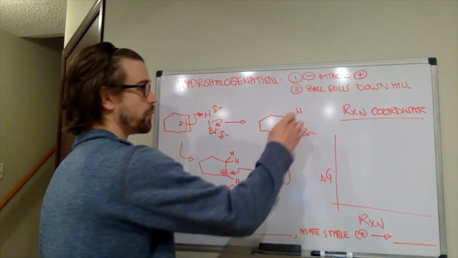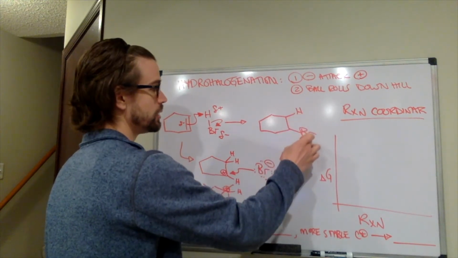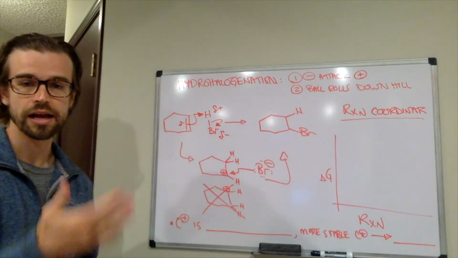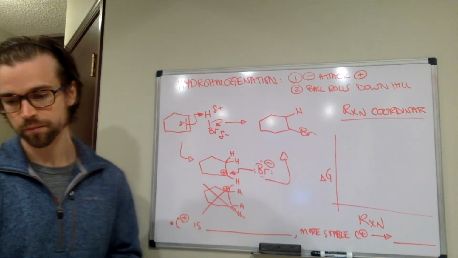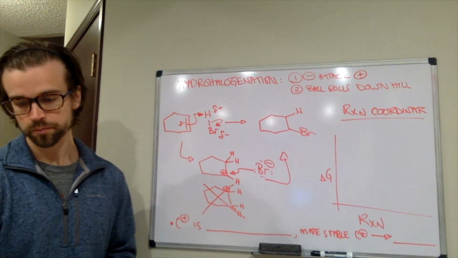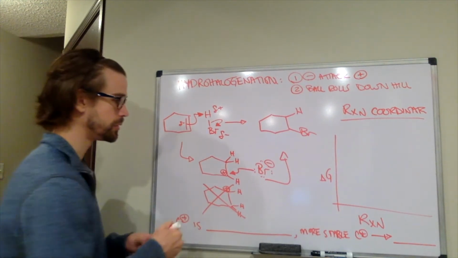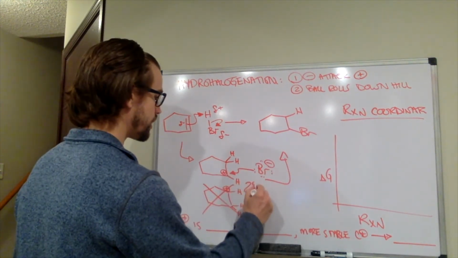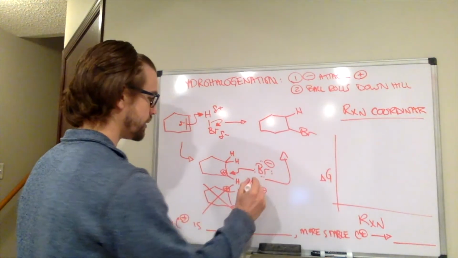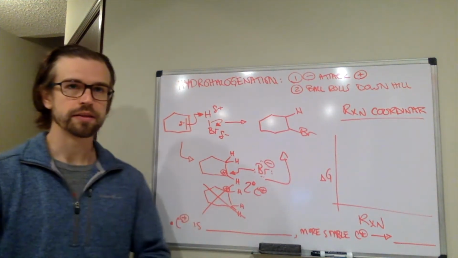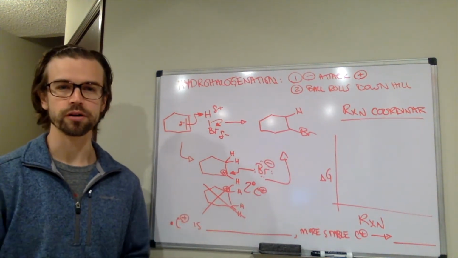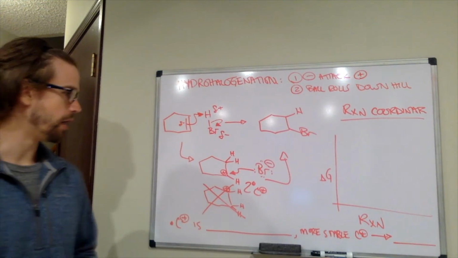Why is it called that? Well, we added a hydrogen and a bromine, so hydrogen and halogen were added. And in this process, we formed a secondary carbocation. So that's something to note. We'll see the type of carbocation being important in future reactions.